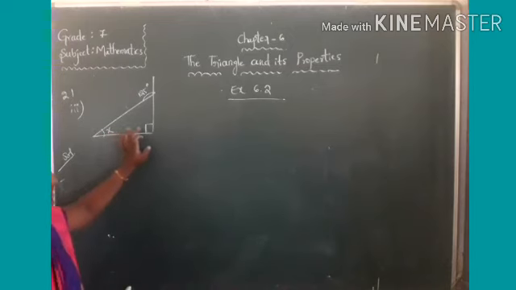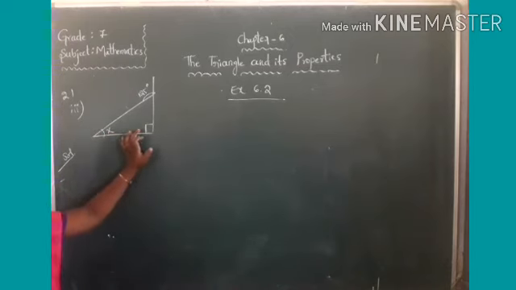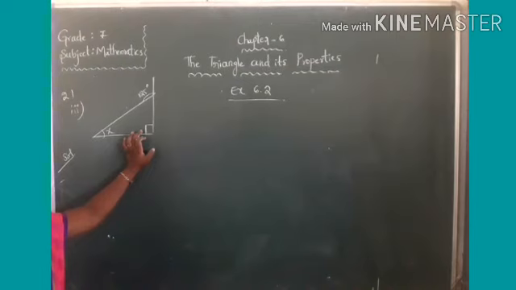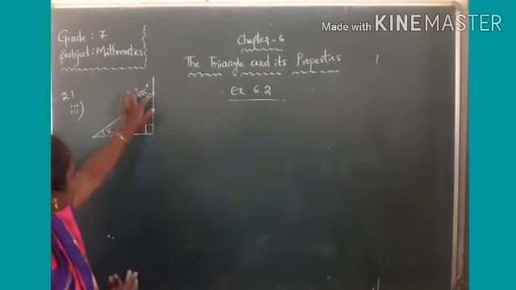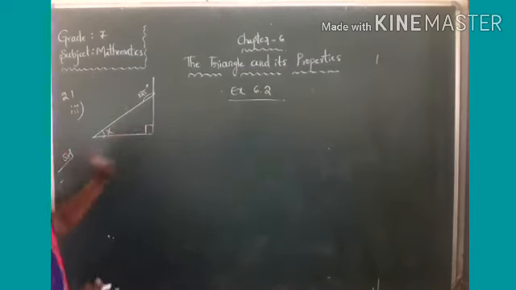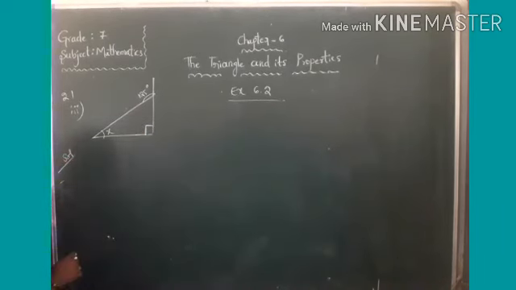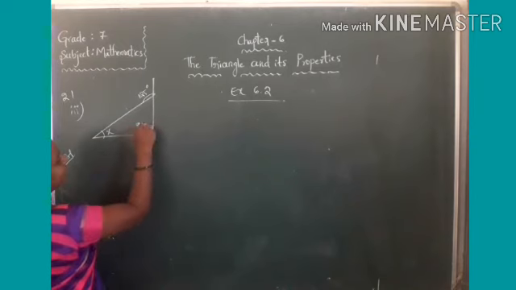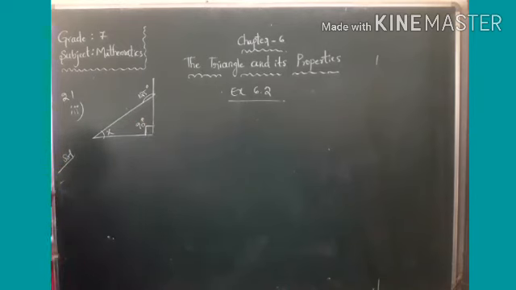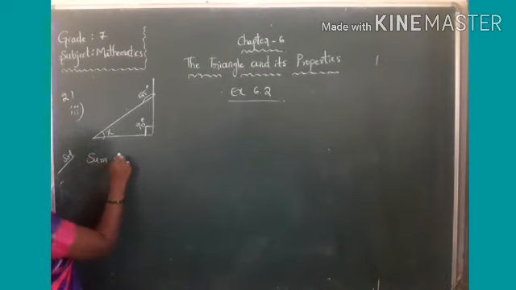Madam, where is the one more angle? Yes, here one more angle is 90 degrees. It is a right angle. So find the interior angle.